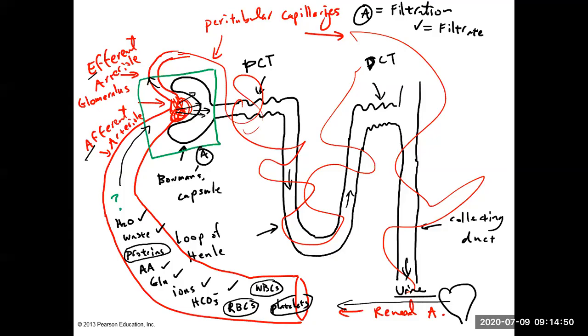Filtrate is the material that is passing. If you brew your coffee, for example, and use filter paper, the water and tiny little coffee granules that get dissolved end up in your coffee mug. That resembles and is known as filtrate. That's what it is.